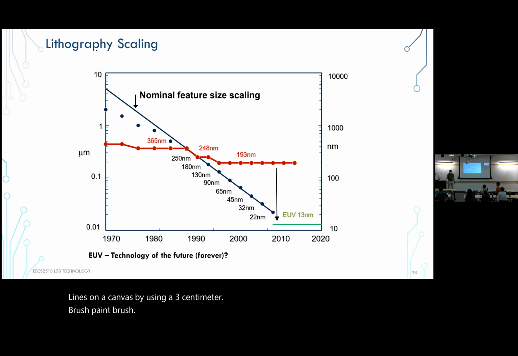It's kind of hard, try doing that. There are certain things that you can do, but you can't pull off any 1 centimeter feature on a canvas with a 3 centimeter brush.